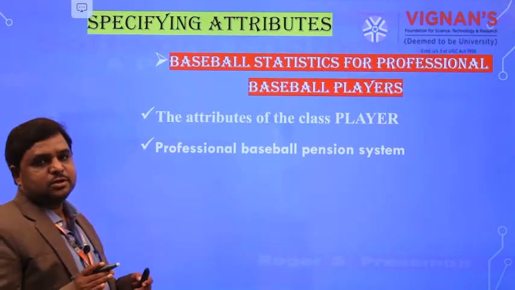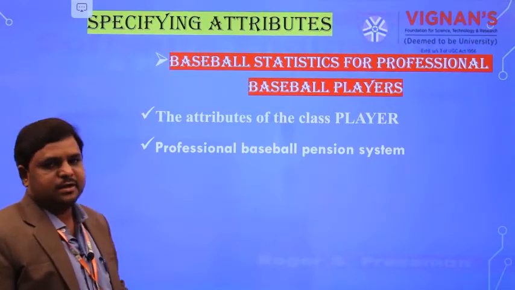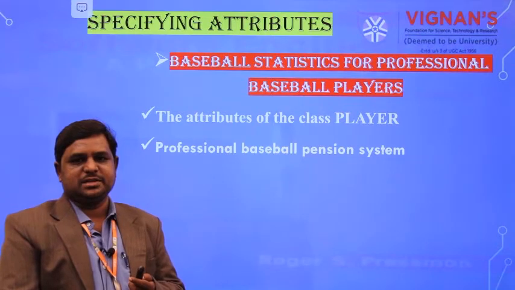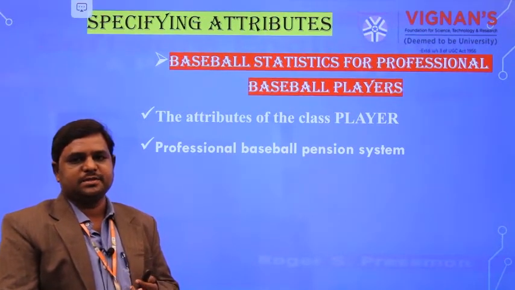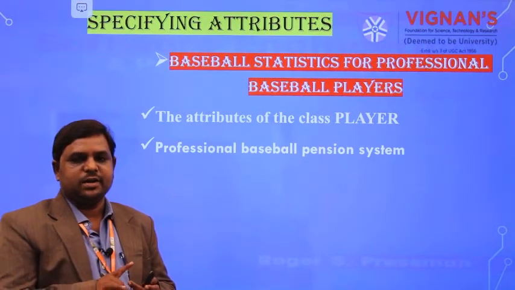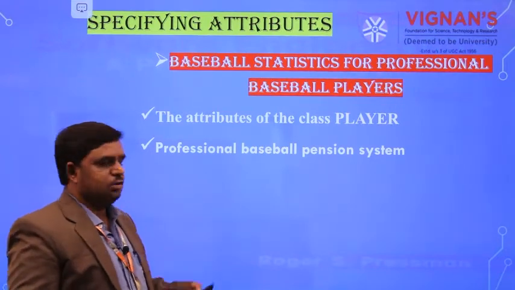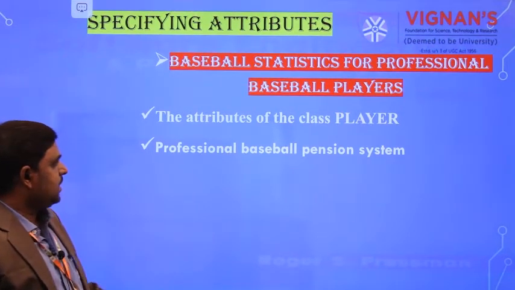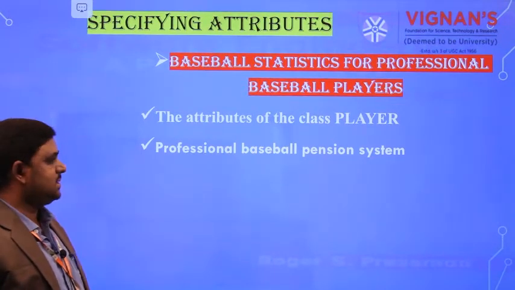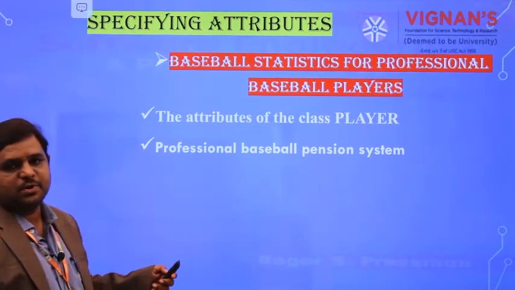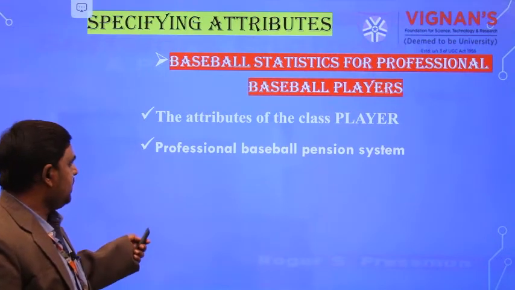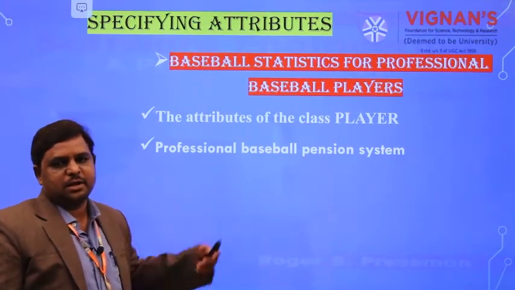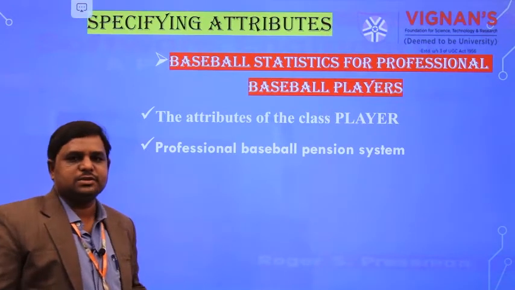Player will have attributes like what is his batting average, how many matches he has played, how many sixes he has hit, and what are his achievements. Everything will be included in the player. Next, if you are going to develop another system, like a professional baseball pension system for those players, the attributes are going to change.